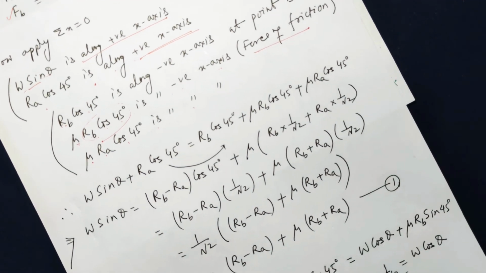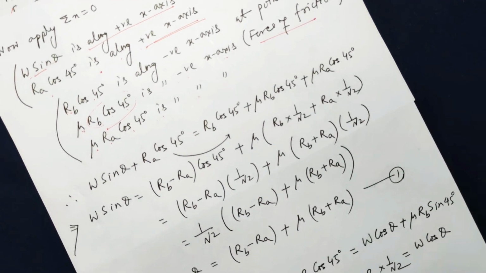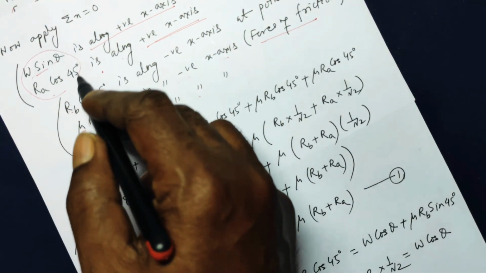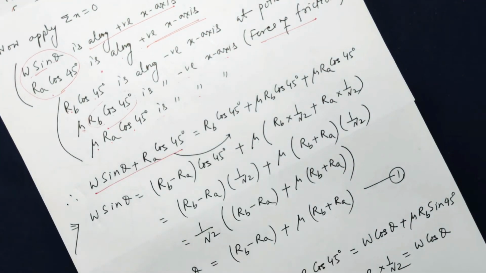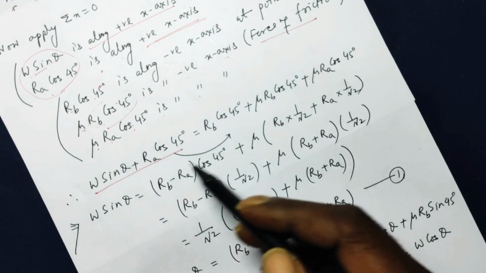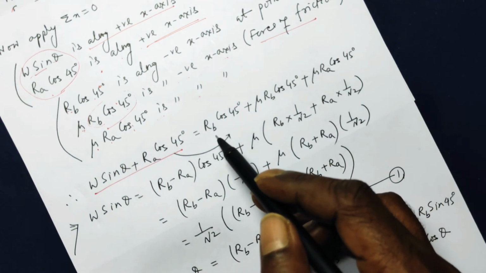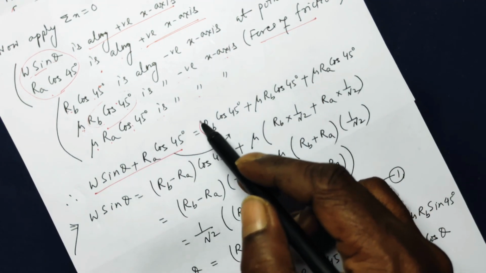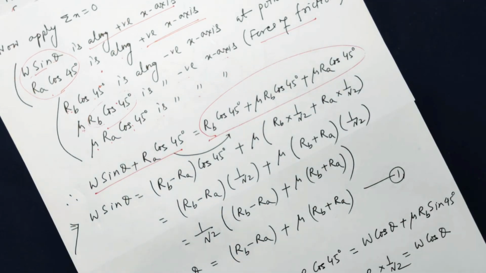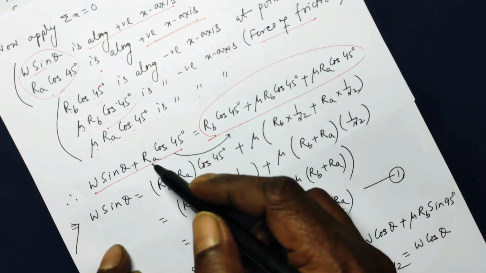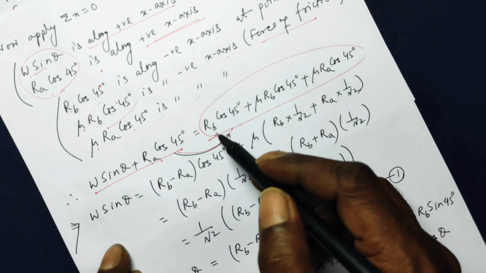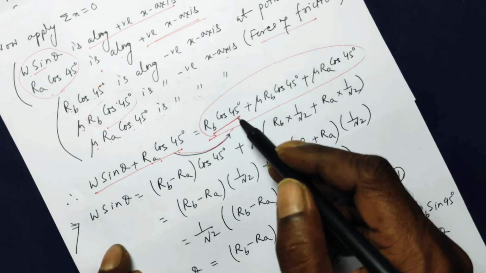So now apply sigma x is equal to 0. These two forces are in the same direction, I have kept them on the left hand side, and these three forces are in the negative x-axis, so I have kept them on one side. Now bring this Ra cos 45 to the right hand side, keep it with this, and take cos 45 common.